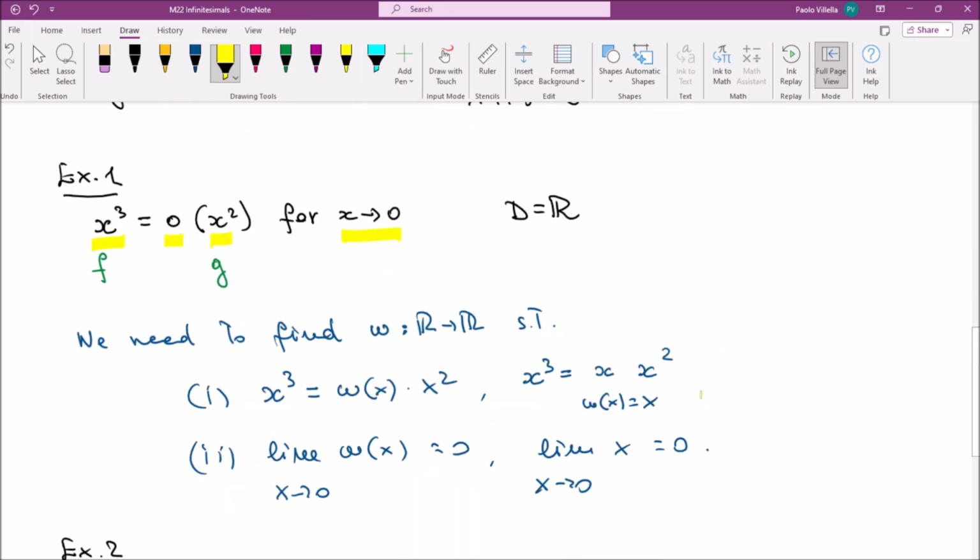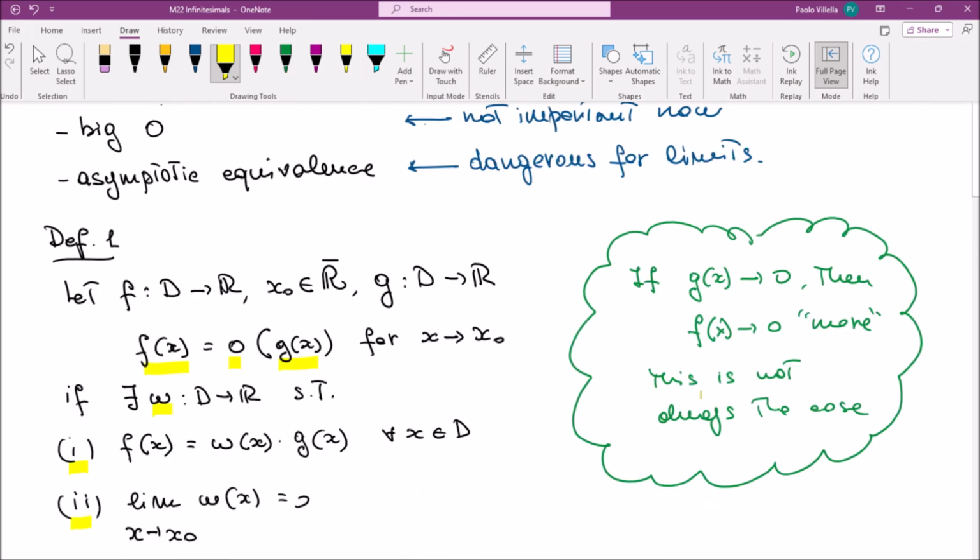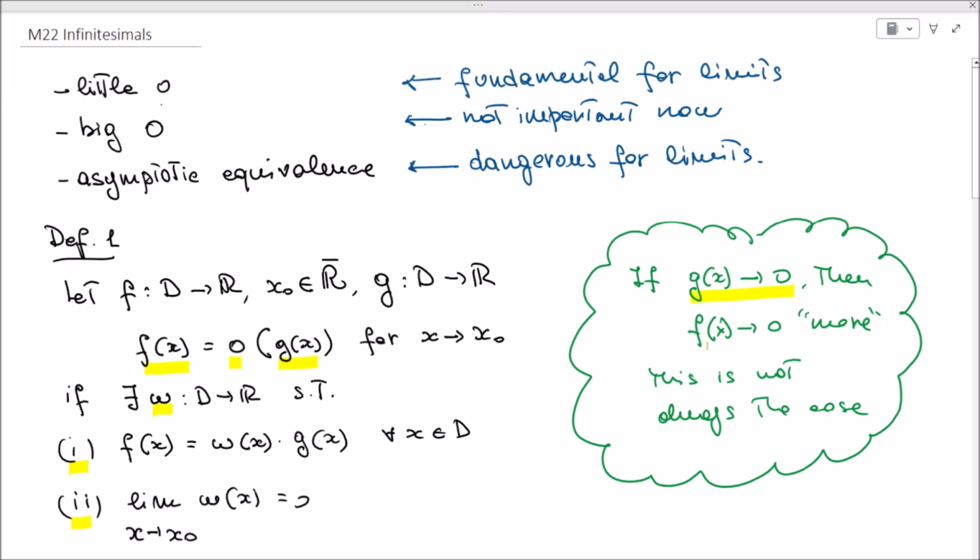Remember that right at the start we said that if g of x tends to 0 and f of x tends to 0, then if f of x is small o of g of x, it means that f of x tends to 0 faster. But it is also possible to define a little o without having these two functions tend to 0.